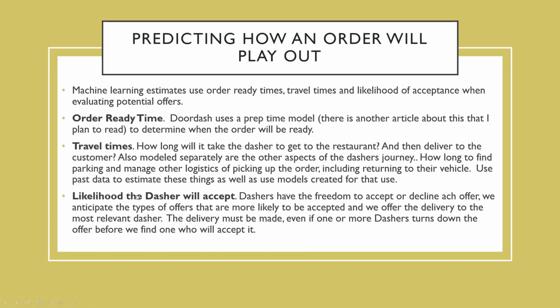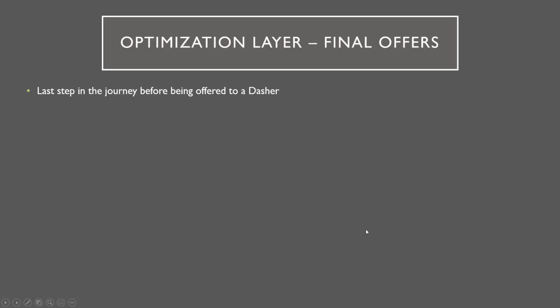But it's funny, I don't think they actually know the likelihood of whether, they probably do know that if it's a certain amount of money for a certain amount of miles, people are going to accept it. But they want to get it done for as cheap as possible. So you know that they're going to start out low. The optimization layer creates the final offers.